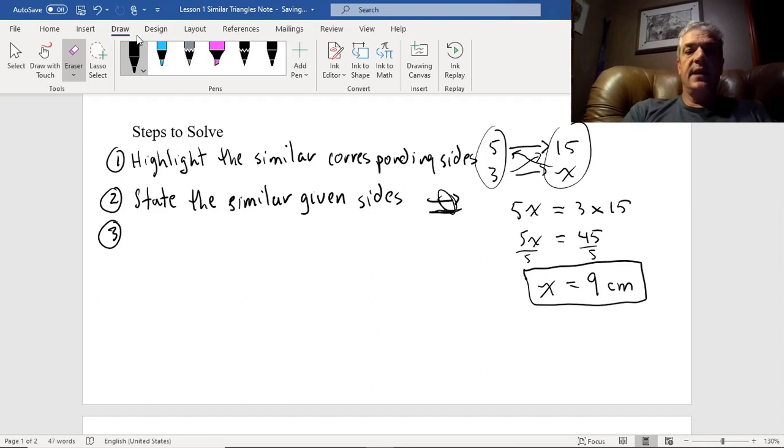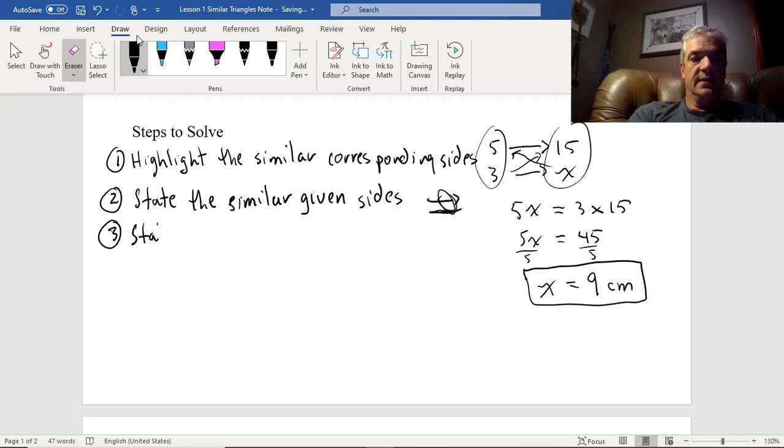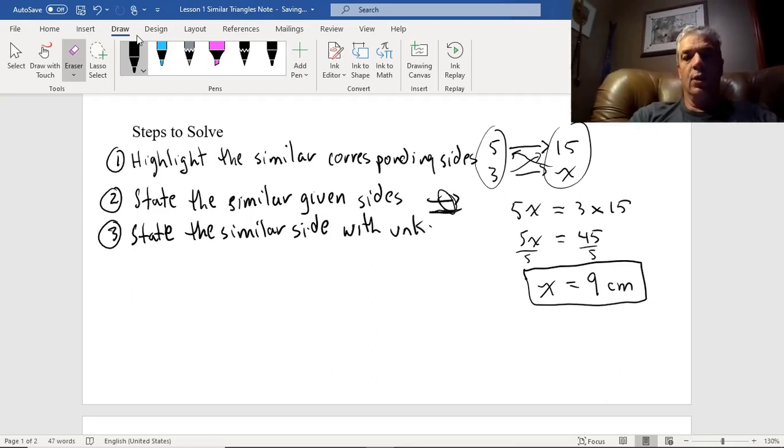Step 3 is state the similar given sides with the unknown, which is our variable that we're looking for.